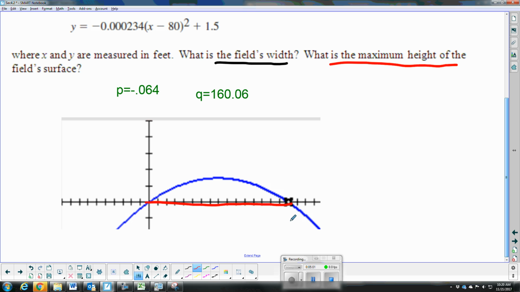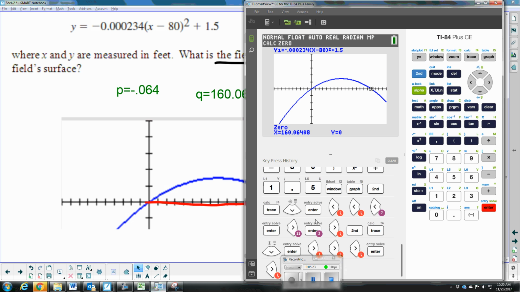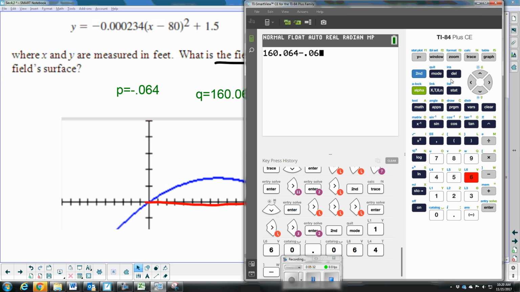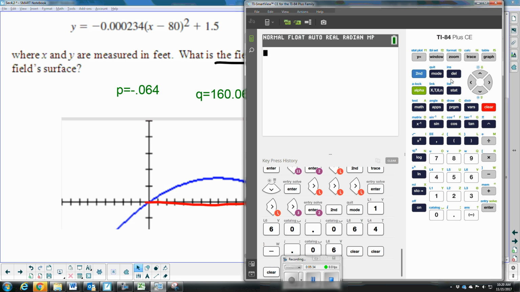So if we were looking for the field, we're looking for the distance between here and here. So we're going to take 160.06 minus 0.064. Well, actually, here I rounded to thousandths, so I should round to thousandths here too. Or hundredths both places. Just be consistent, otherwise you're going to get an inaccurate answer. So 160.064 minus a negative 0.064.